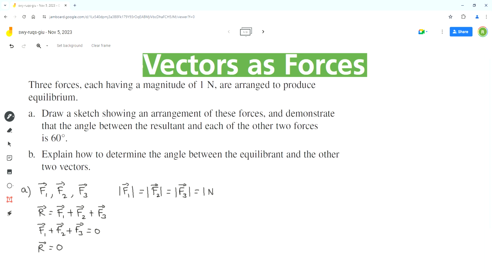If we arrange these three vectors F1, F2 and F3 in tip to tail or head to tail arrangement, they will form a triangle because their resultant is equal to 0. So we can show the arrangement like this.